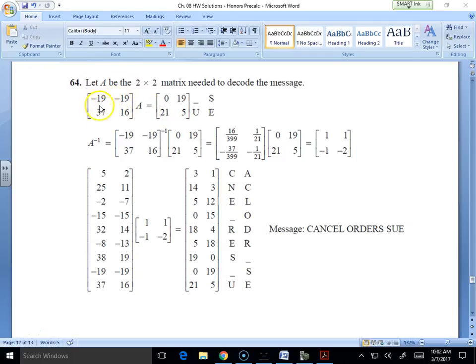We can take the inverse of this matrix, which is the one that maps to Sue. We can take the inverse using our calculator, A inverse. If you multiply by the inverse of this side, that one cancels out and you get your matrix. So they used a little bit of math to help them finish it.